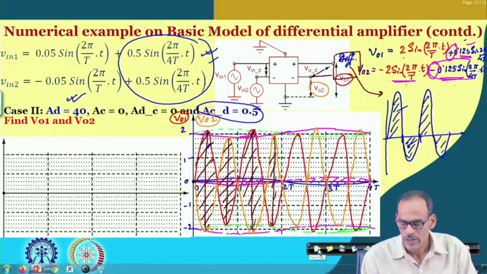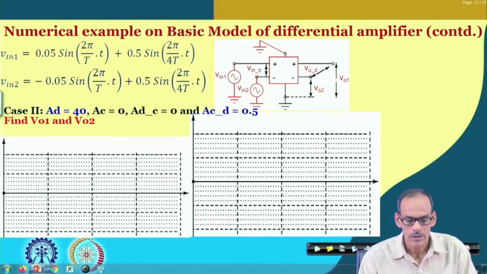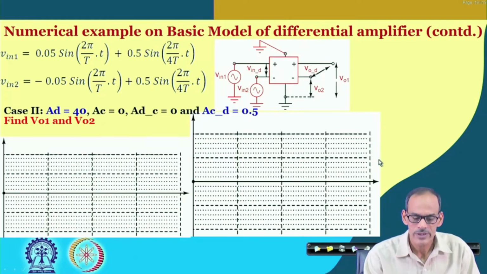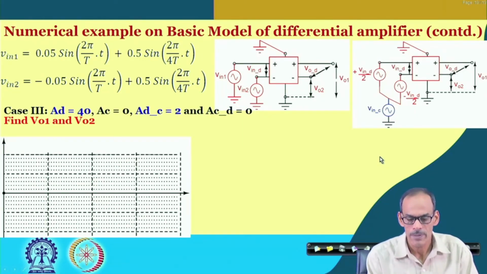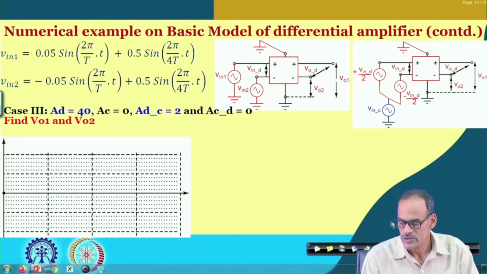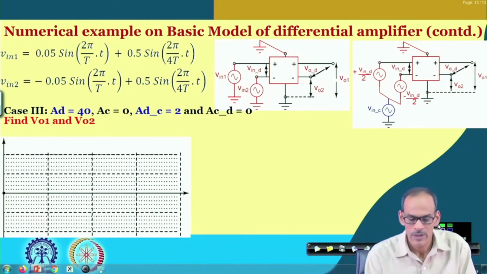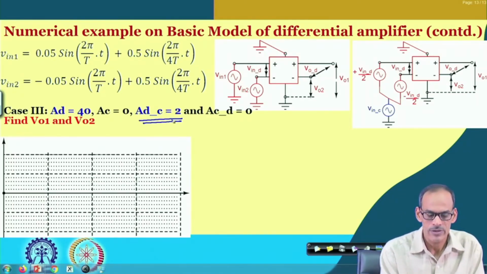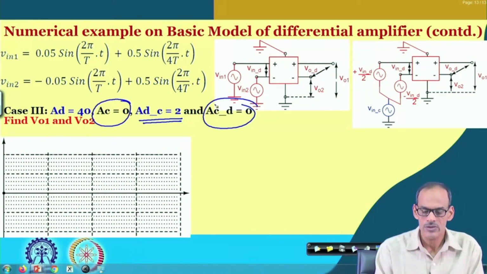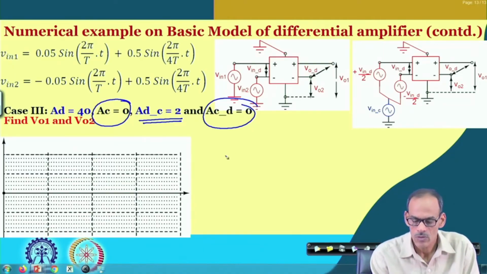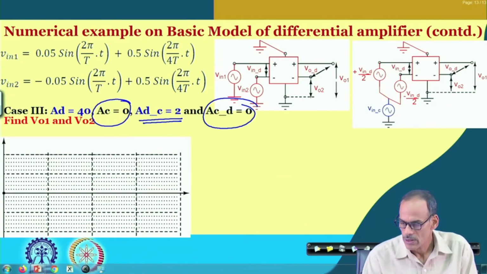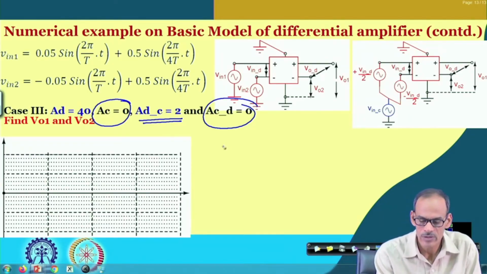So, likewise you can probably work out the other case, namely if I consider the other parameter to be non-zero. In this case, ADC is non-zero and AC equals 0 and ACD equals 0, and then you can see what the consequences are. Let me at least give you a hint, probably you can work it out.